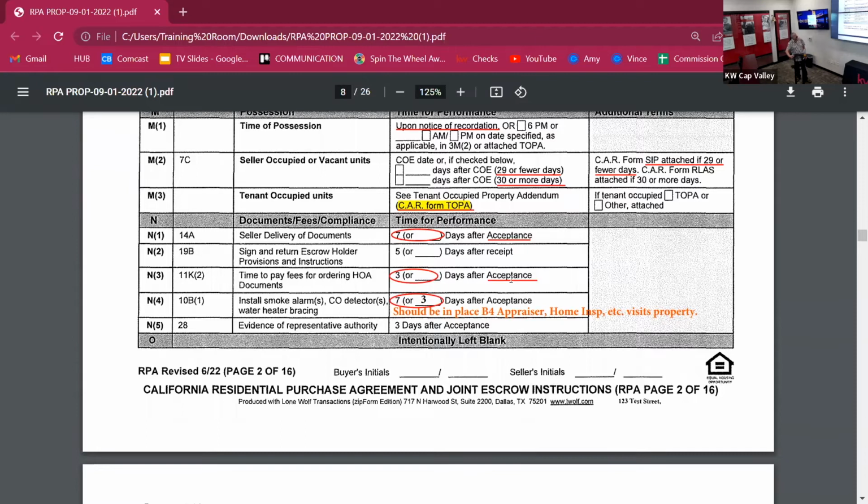So there's two ways that a buyer can allow the seller to stay in the property for a period of time after escrow closes. If you're doing 29 days or fewer, that is known as a license. If you go 30 days or later, that is more commonly known as a lease.